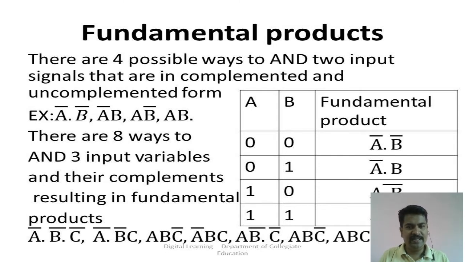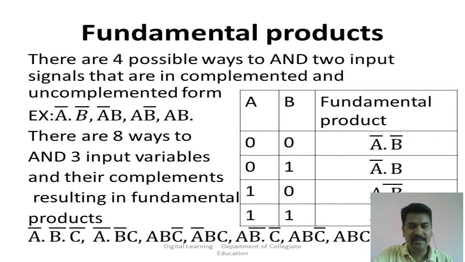I'll repeat this: there are 8 ways to AND three input variables and their complements. The resulting product is called the fundamental product.